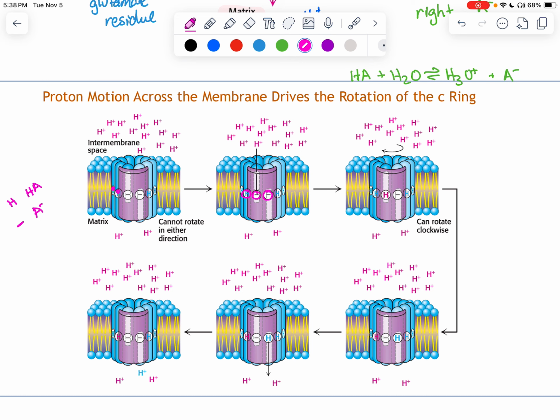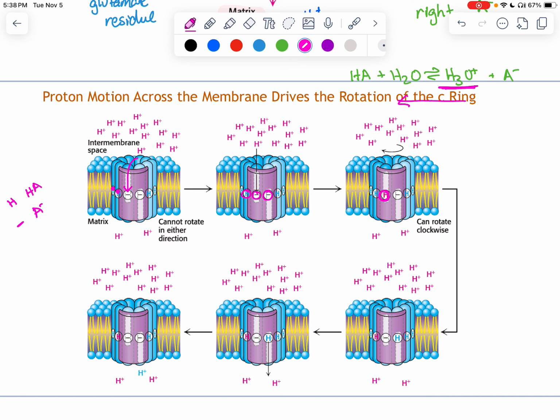As the H+ moves down here, remember we have a really high hydronium ion concentration, and so that pushes this equilibrium back towards those acid side chains wanting to pick up a proton. They grab a proton and become protonated.